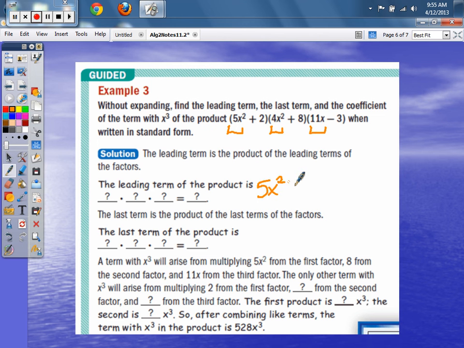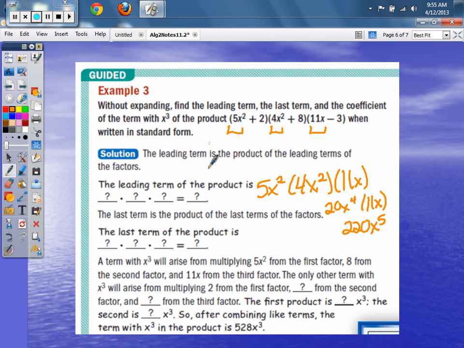So 5x squared, not plus, come on, stupid math teacher, times 4x squared times 11x. Okay, so we get 20x to the 4th times 11x, and we get 220x to the 5th.